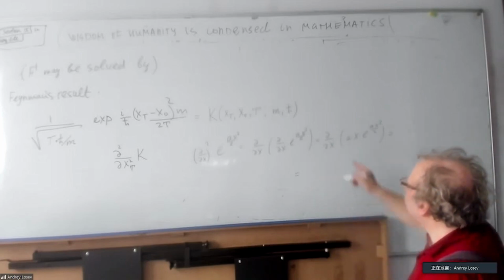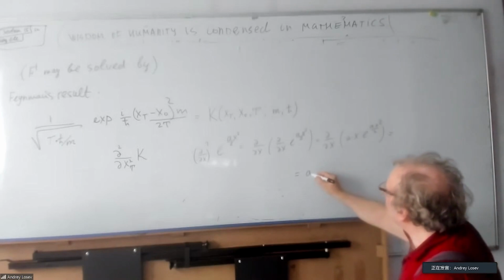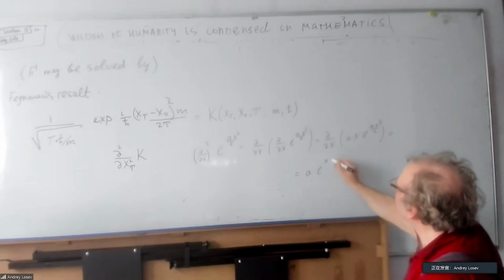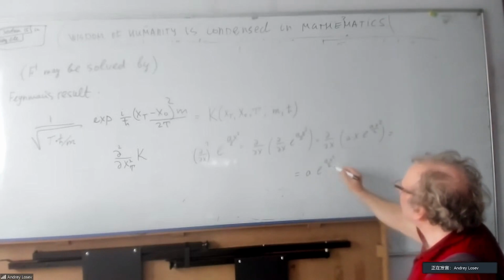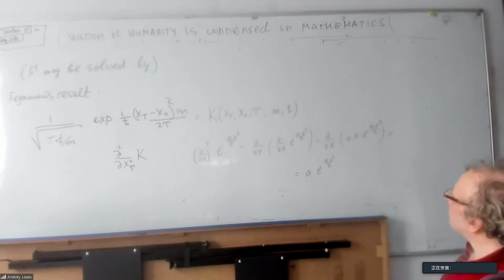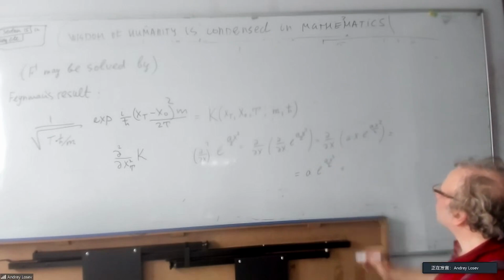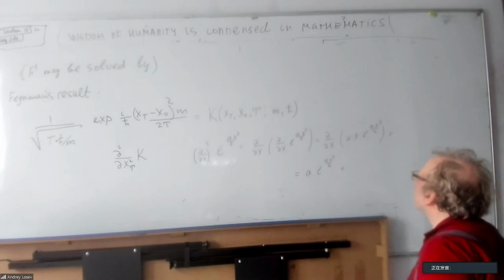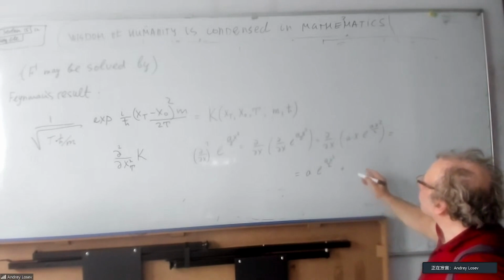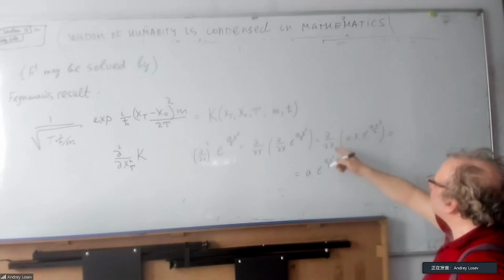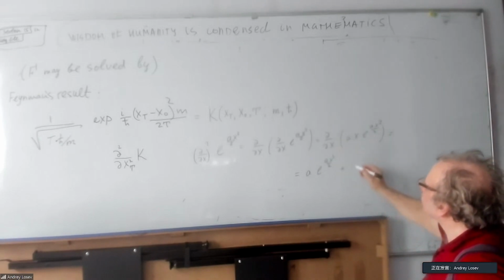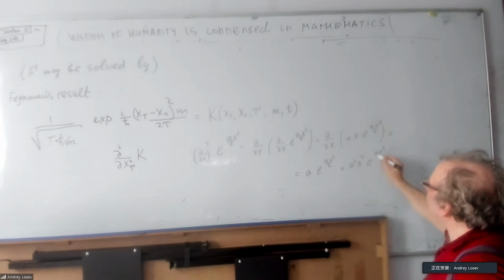And what would I get? I am getting a e to the a x squared over 2, when I differentiate here, plus, when I differentiate here, a squared x squared e to the a x squared over 2.